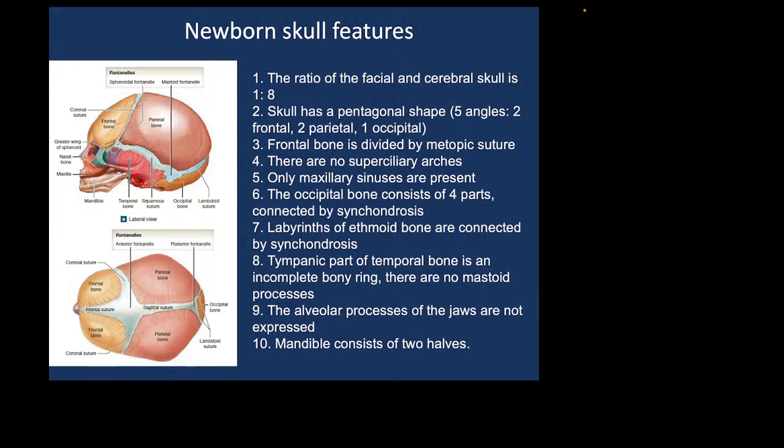Alveolar processes of the jaws are not expressed. It means that because there are no teeth, it is not necessary to have an alveolar process. They start to develop when teeth begin to grow.